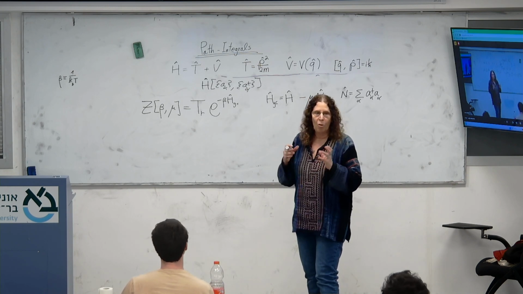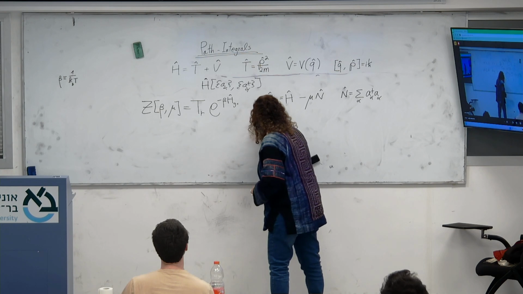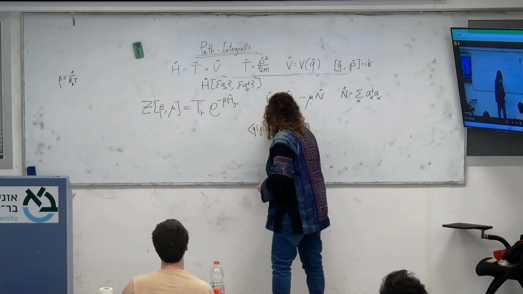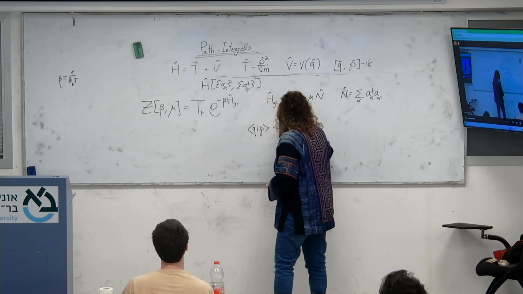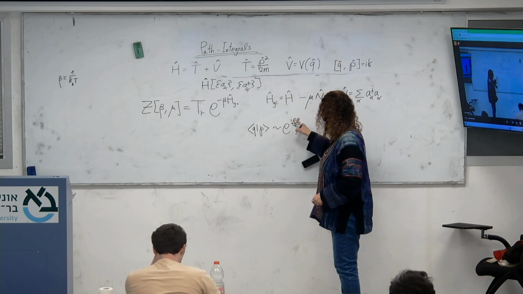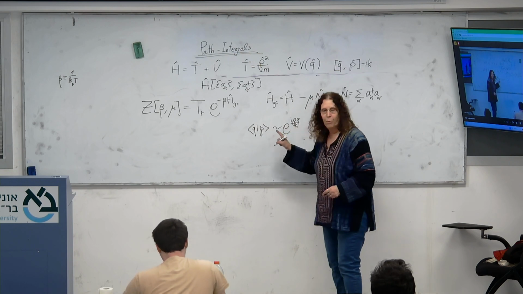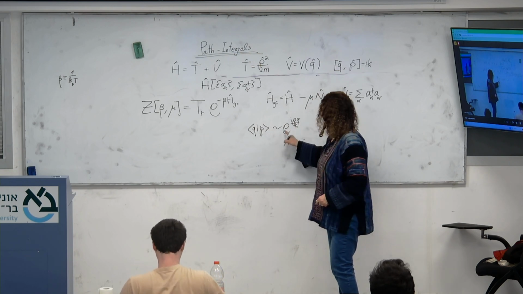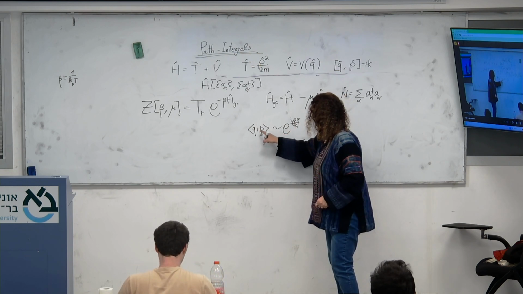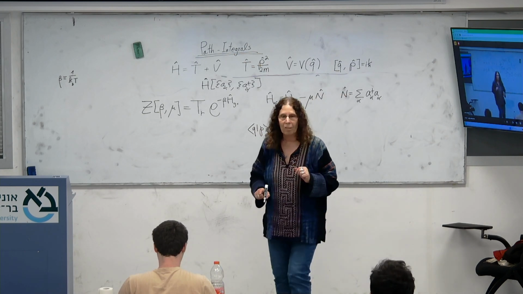For example, the exponent e to the i pq over h bar encodes the fact that p and q are conjugate variables that obey canonical commutators.